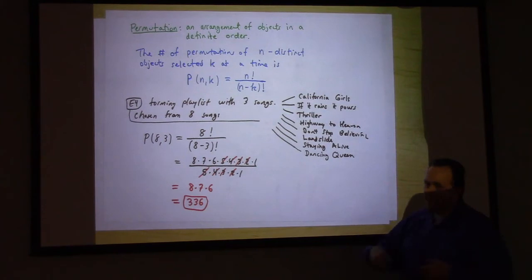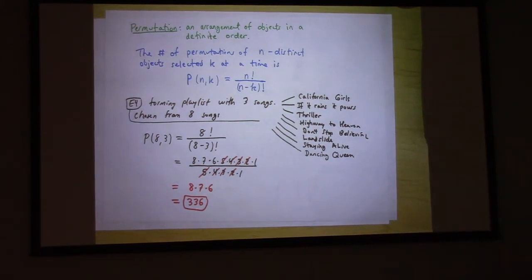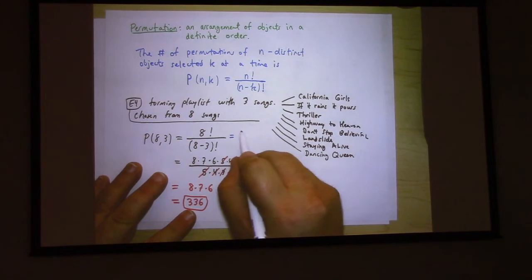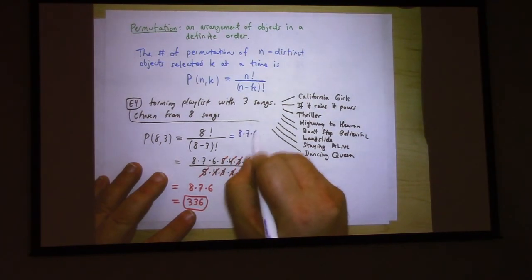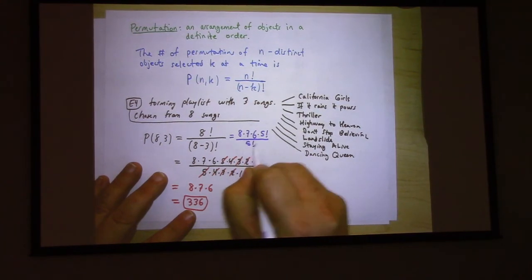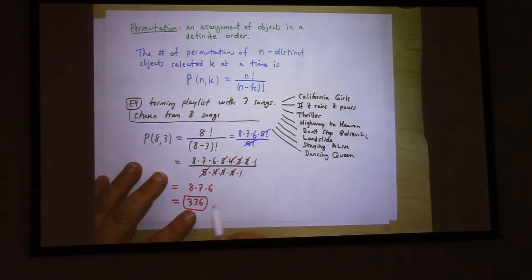Oh, okay. So on the next page, I was just illustrating what the factorials are. Another way you could do this calculation would be this. You could have said that this is equal to 8 times 7 times 6 times 5 factorial divided by 5 factorial. Just cancel the 5 factorials and get the same number.